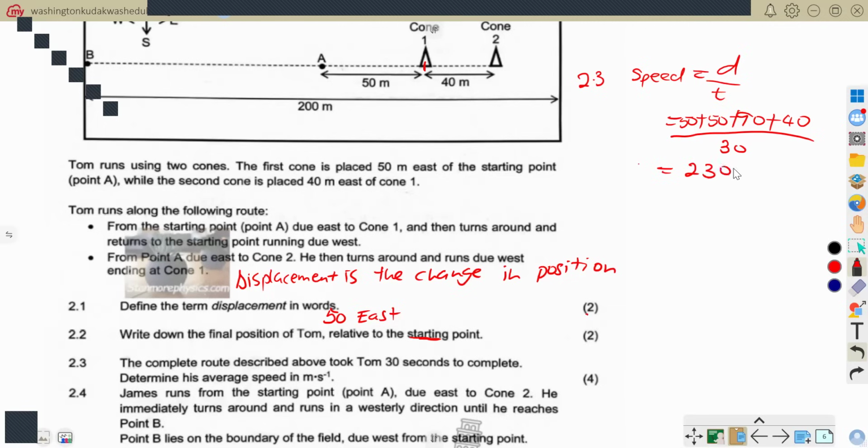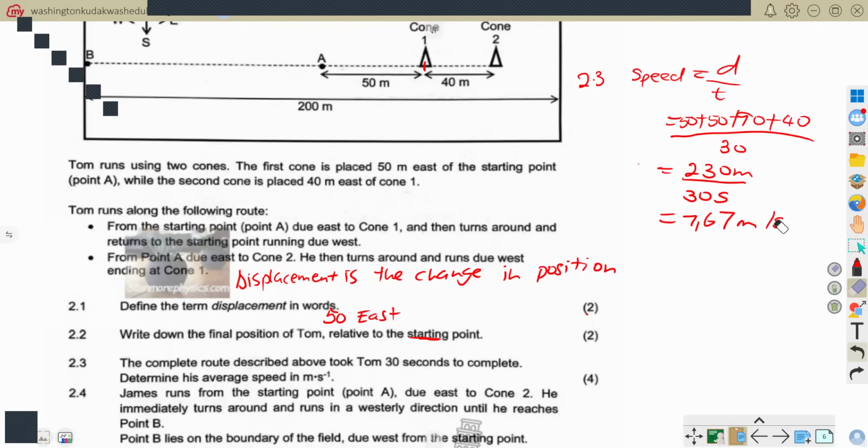That is 230 meters divided by 30 seconds. If you punch in your calculators, you would get 7.66666 but we round off to 2 decimal places, and then it will be 7.67 meters per second.